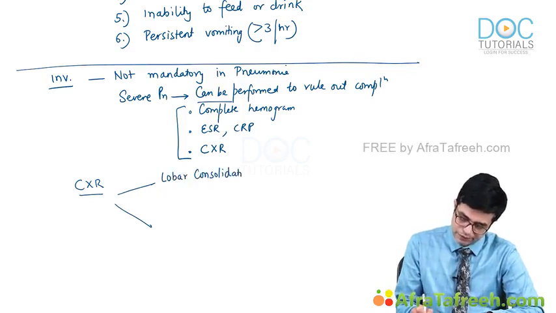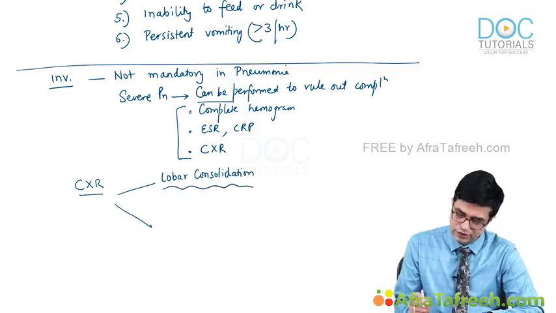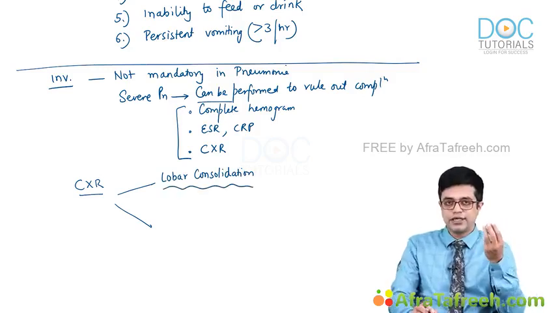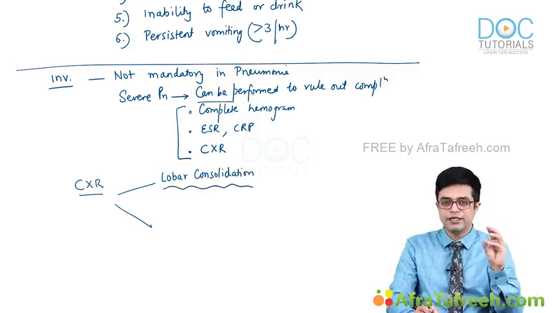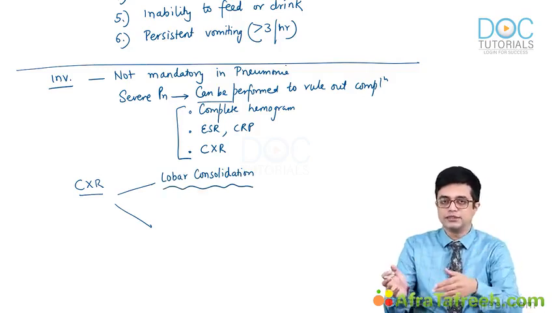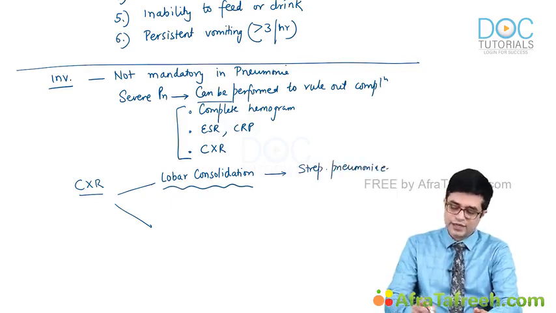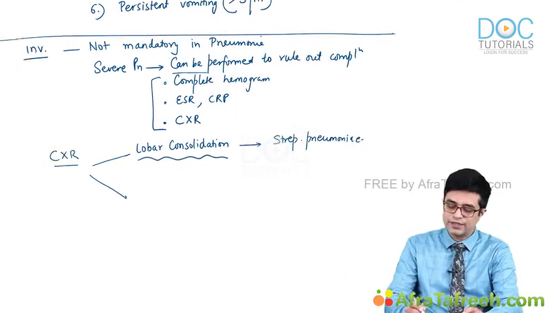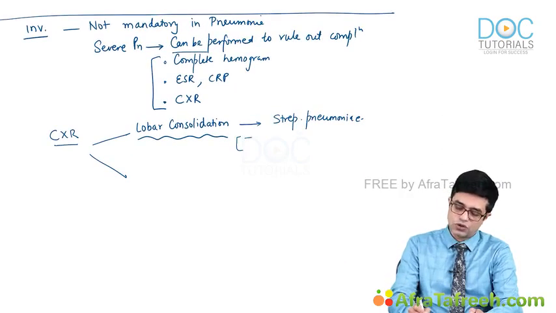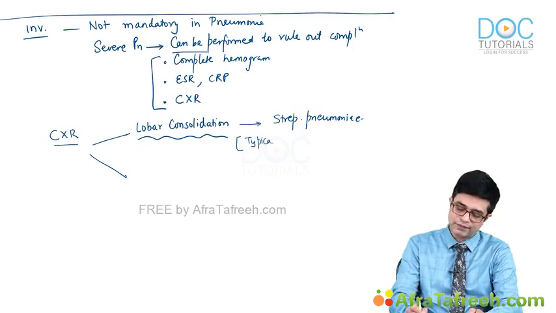These are the children which will have a consolidation in the chest X-ray in a specific area or specific lobe more than the others. Lobar consolidation will typically be produced by Streptococcus pneumoniae or pneumococcus. These pneumonias where there is lobar consolidation are also called typical pneumonias.